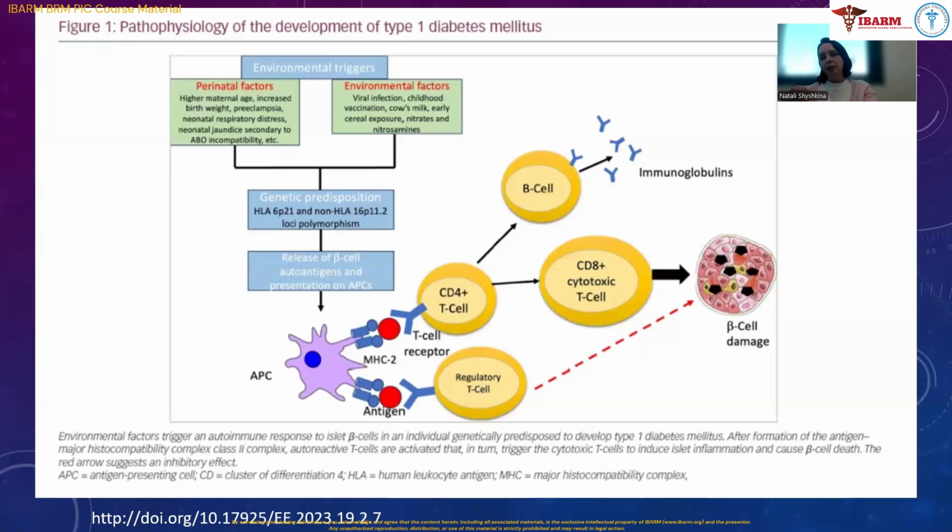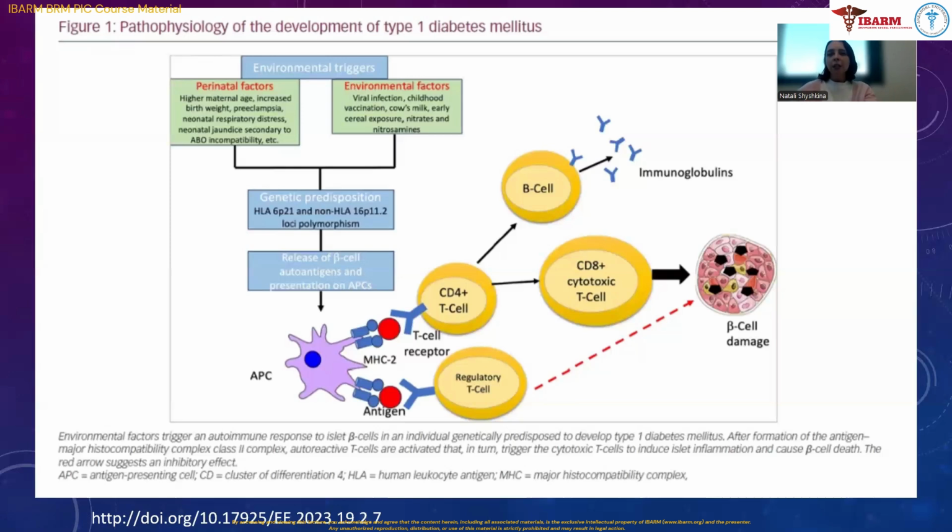destruction of beta cells. In that picture, you can see B cell activation also leads to the formation of autoantibodies. These are autoantibodies against various islet autoantigens.